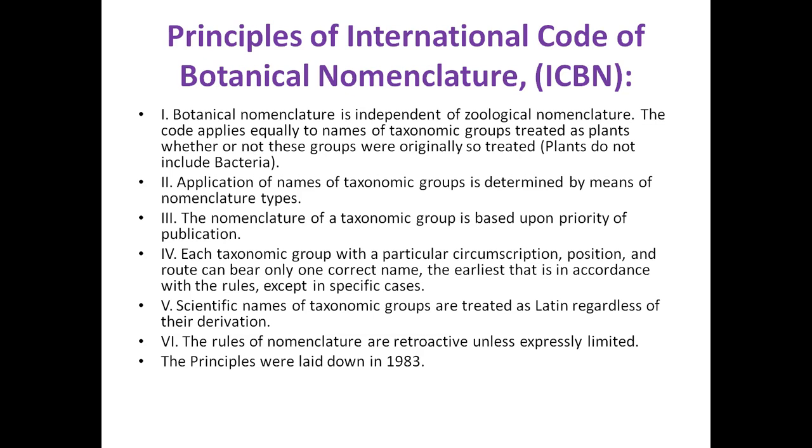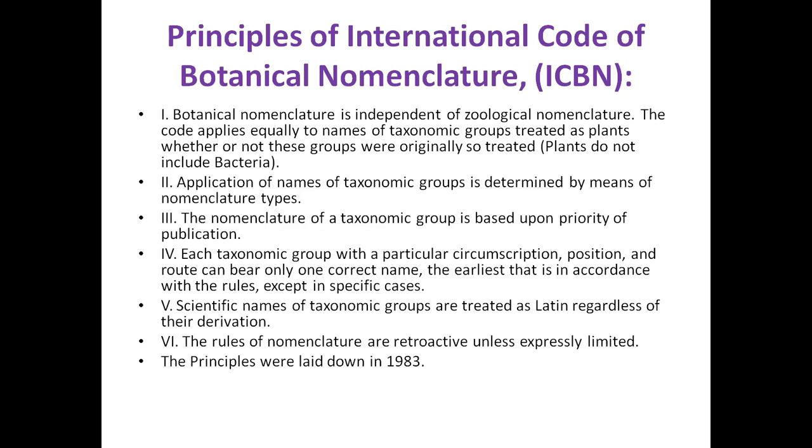And the fifth principle is that scientific names of taxonomic groups are treated as Latin regardless of their derivation. So in whichever country that plant might be identified, that name should be in Latin. Whoever may have given it, from whichever country, that name should be in Latinized form. That is the fifth principle.